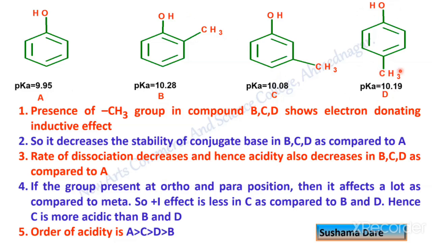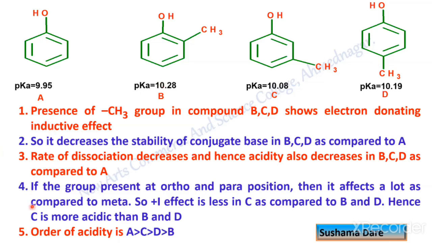If the plus I effect is less, it automatically increases the stability of the conjugate base. That means the rate of dissociation of D is fast as compared to B, right? So D is a strong acid as compared to B.